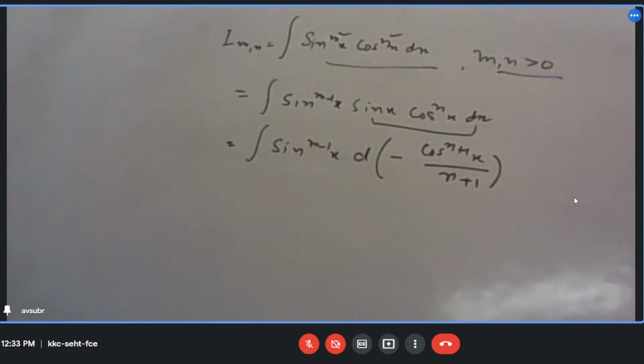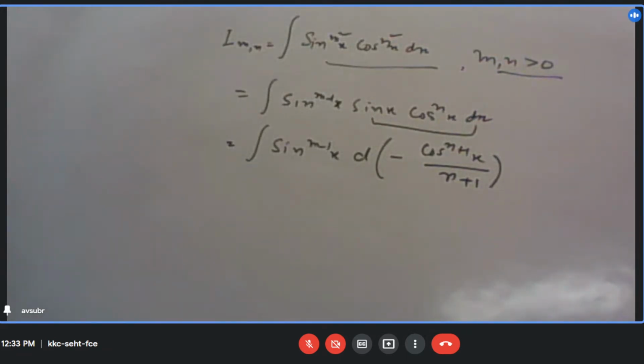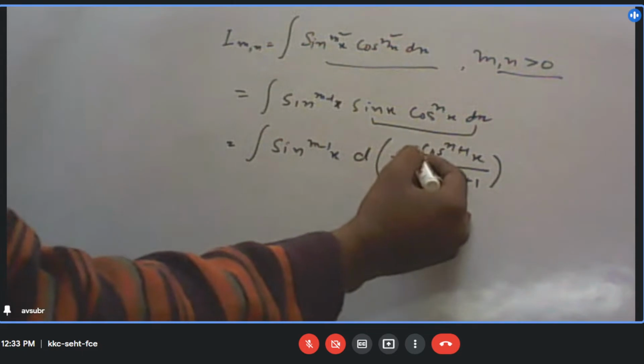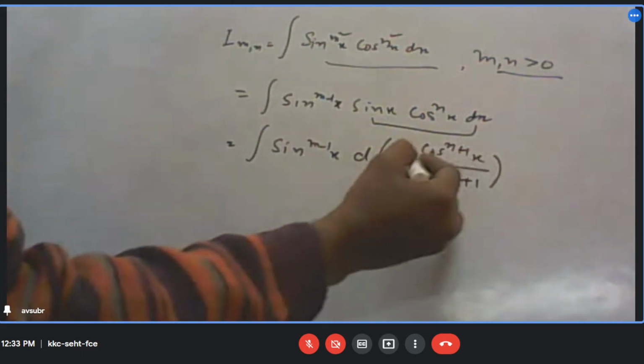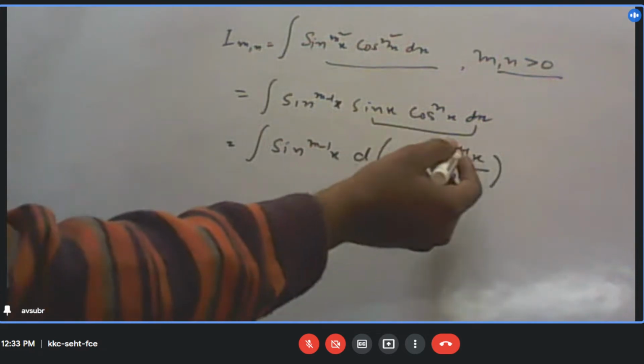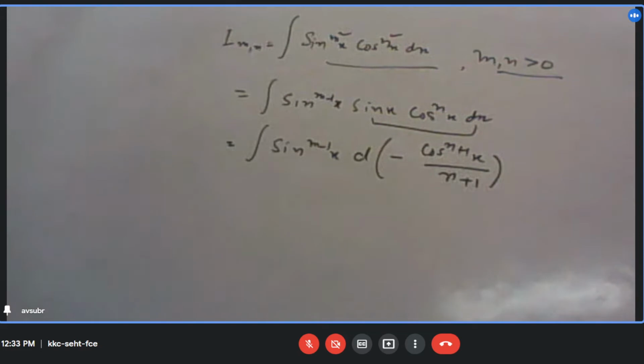Can I do that? Because if I differentiate it, I get n plus 1 cos to the power n x sin x, the minus signs cancel out, and n plus 1 will also cancel out. So we will get exactly this. I hope it is clear to you all.